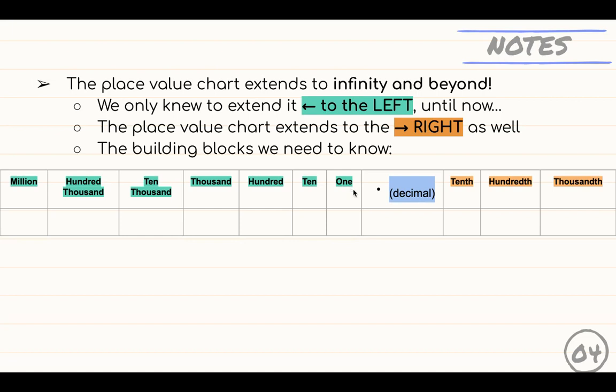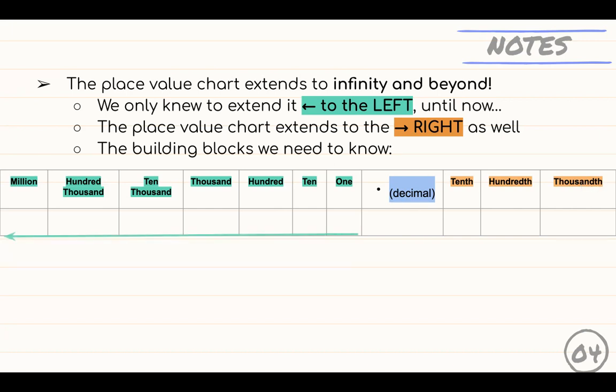These should all be familiar as we've known this for a while, and they extend to the left. Starting today, we'll be working with decimals. So we have our decimal, and the extension to the right includes tenths, hundredths, and thousandths.